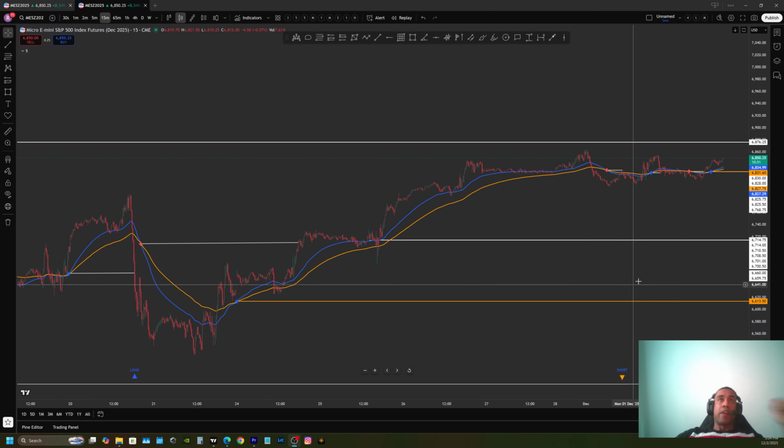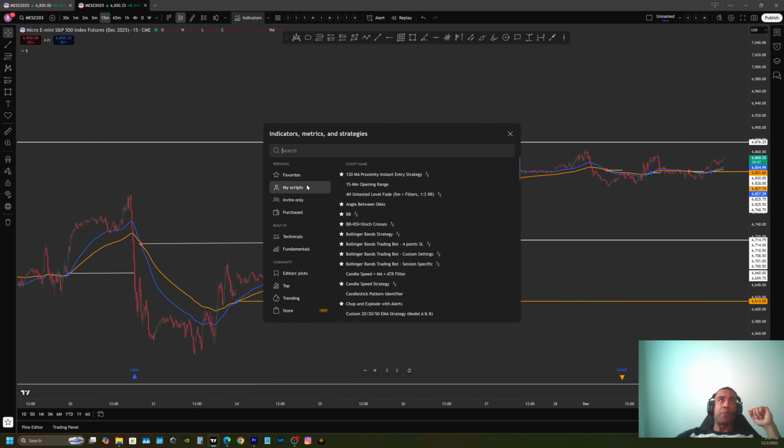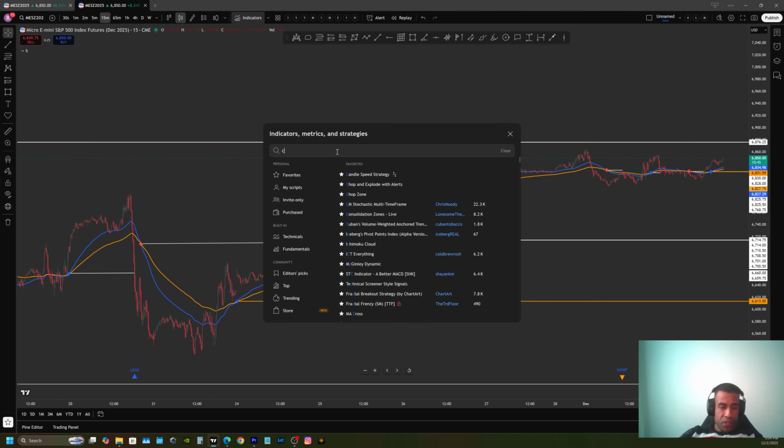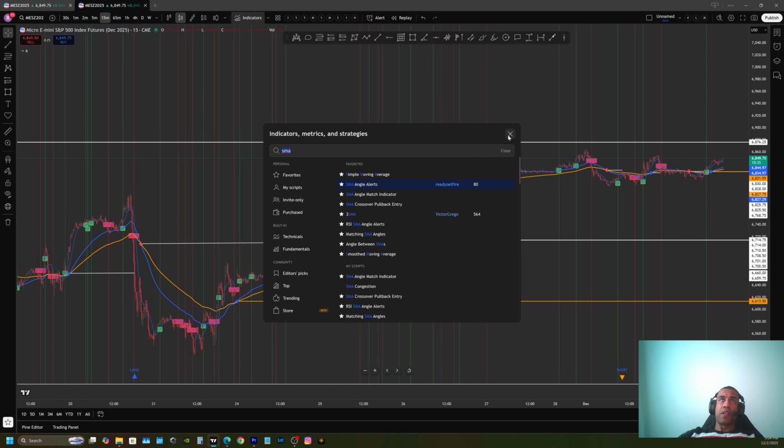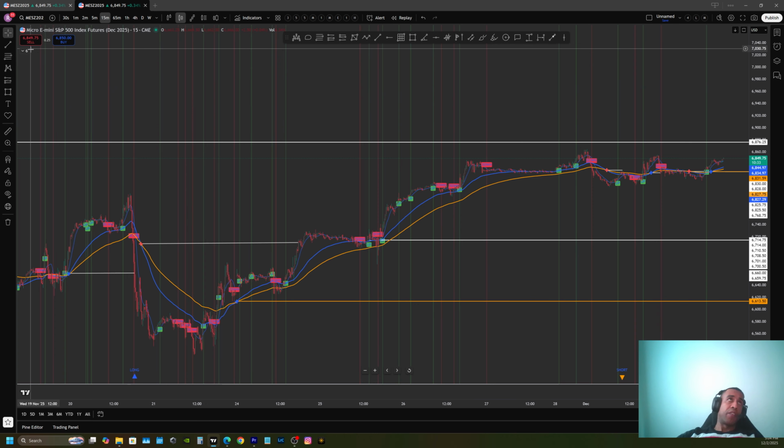I also have a lot more indicators. So for example, my script, I like this one here too. SMA angle alerts, by Ready Set Fire. This one is basically you can set alert for a moving average angle.